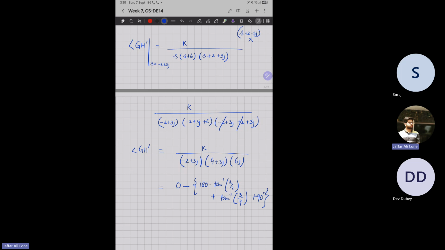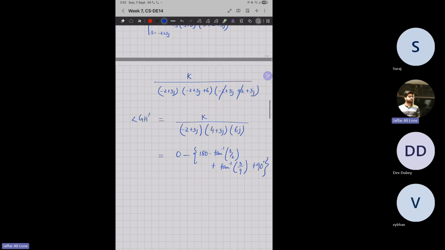If we calculate it, this will be 0 minus 180° minus tan inverse of 3 by 4, which is 36.86°.